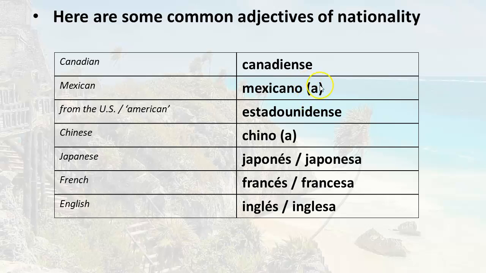Either an A in parentheses means you have a masculine singular and a feminine singular, which means that you have four forms. Or if you see a slash, sometimes you see the masculine form and the feminine form in the singular. This also means that there are two plural forms, so you'll have four forms. So we have two adjectives here that only have two forms, canadiense and estadounidense, and the rest of them will have four forms. So let's go down the list.